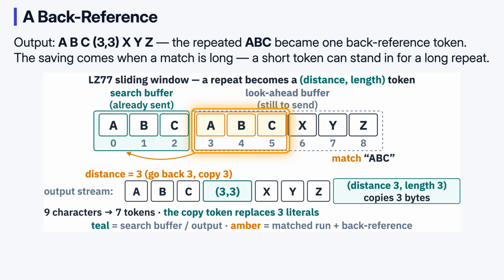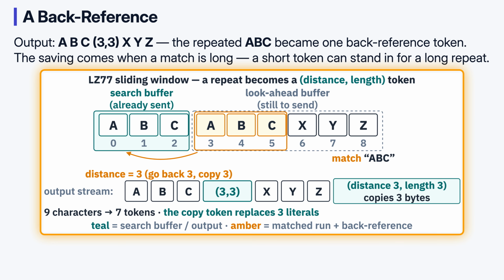Now the match. The look-ahead starts with ABC, and that same ABC sits 3 positions back in the search buffer. So the encoder emits a back reference, the token distance 3, length 3. The first 3 is the distance, go back 3 bytes. The second 3 is the length, copy 3 bytes from there. That one token replaces 3 literal characters.